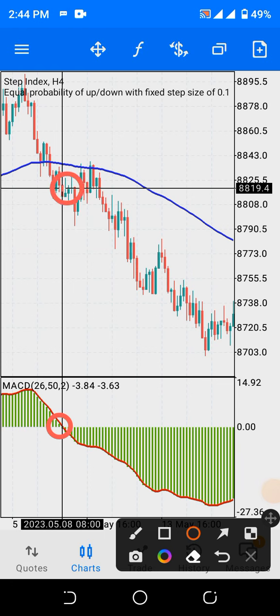This is the candlestick, and it is below the moving average. That is the first point. Once this condition is met, we allow the candlestick to trace back to the moving average. Once it traces back to the moving average, that's where we make our sell entry, and this is a huge profit, as easy as that.